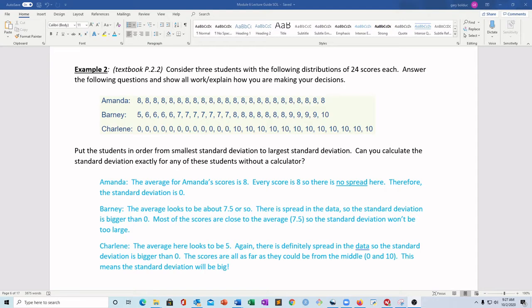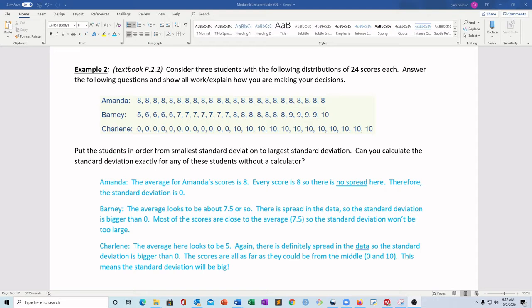And we are going to try to understand their distribution of scores by looking at some of these numbers. It says put the students in order from smallest standard deviation to largest standard deviation.